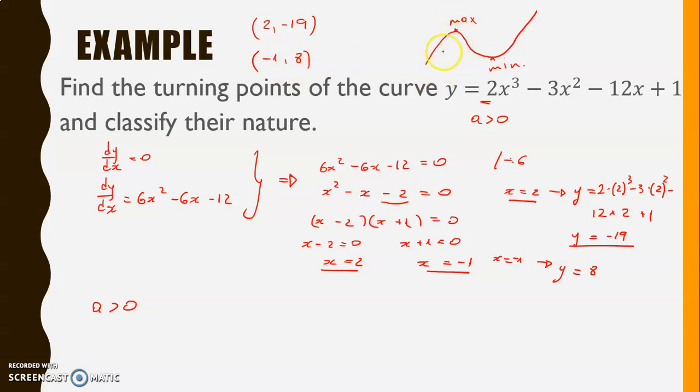So it will be the maximum point. By inspection, (minus 1, 8) is the maximum, and (2, minus 19) is the minimum.